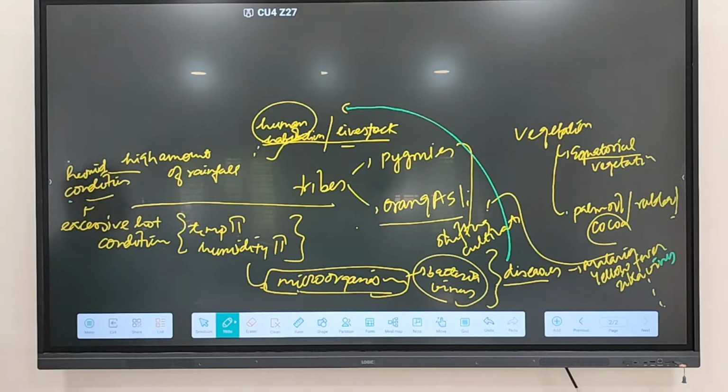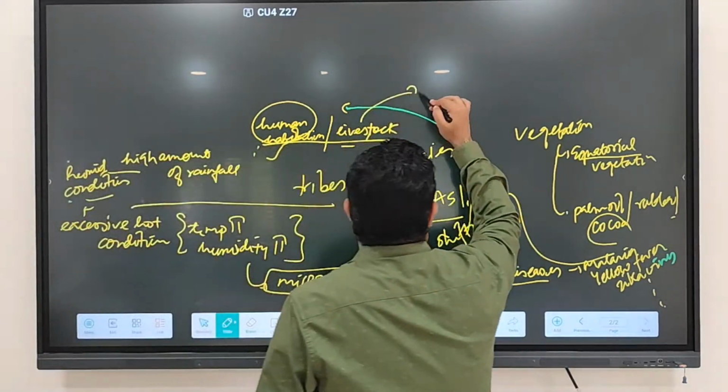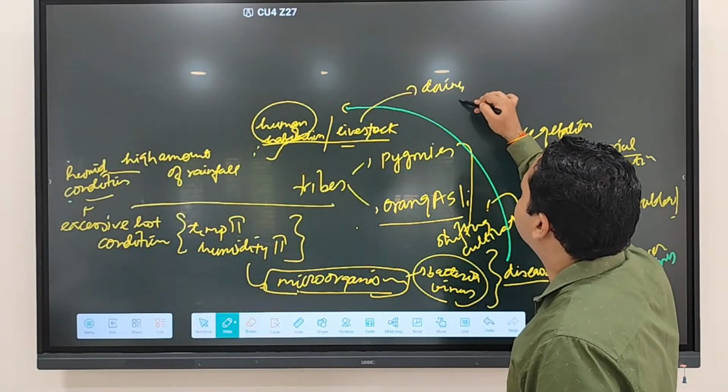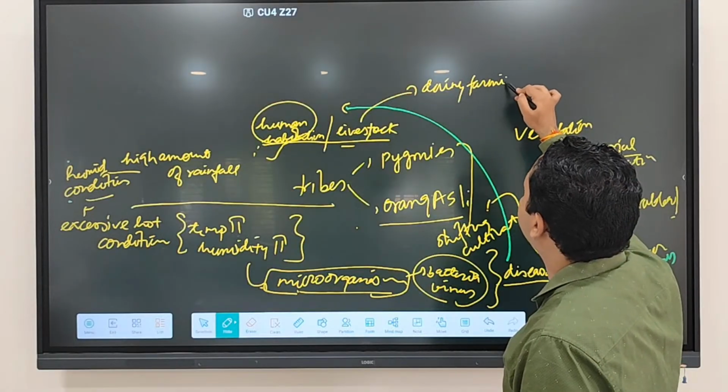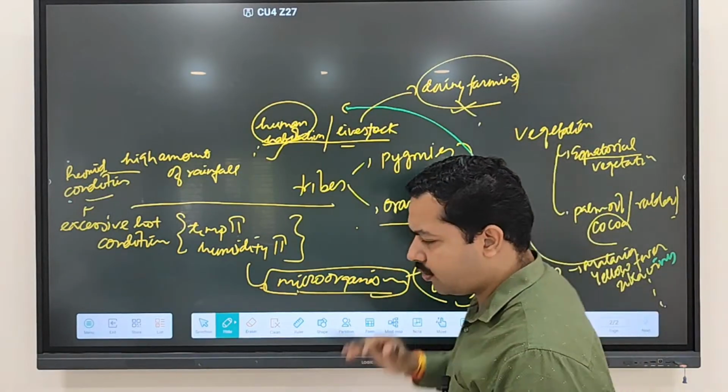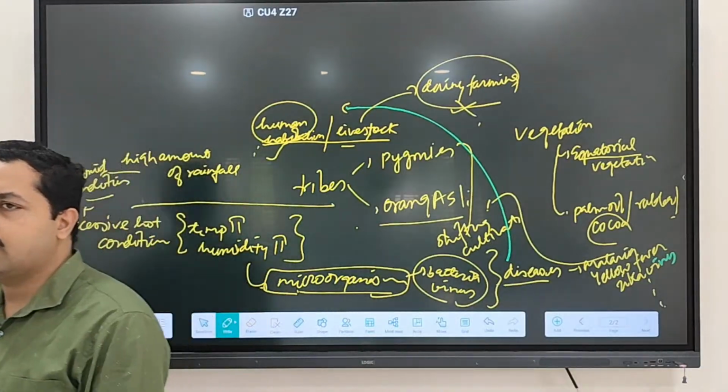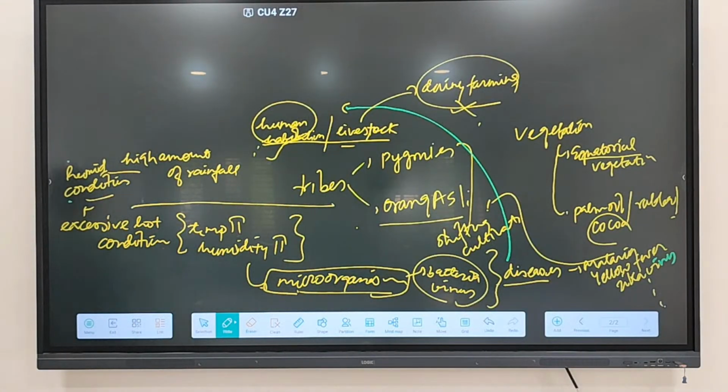That's why this region is not very known for dairy farming. So you don't see dairy farming being practiced on a large scale in this region. Milk production and other things will not happen much. Human habitation is also very less due to the prevalence of pests. So if milk production is not happening much, what are they doing?